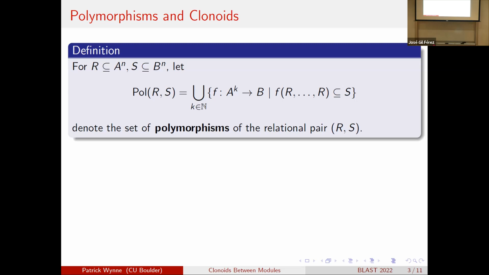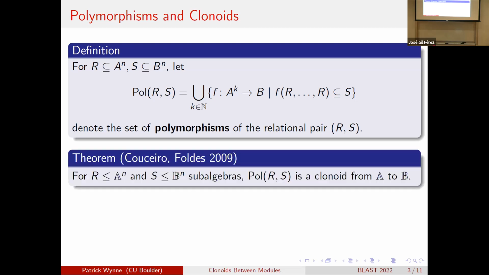So if we have some function f, it preserves the pair R, S if we take tuples from R, act coordinate-wise, and get a tuple from S. And so a theorem from Couceiro and Foldes says that if R and S are actually subalgebras of powers of A and B respectively, then the set of polymorphisms is actually a clonoid from A to B.